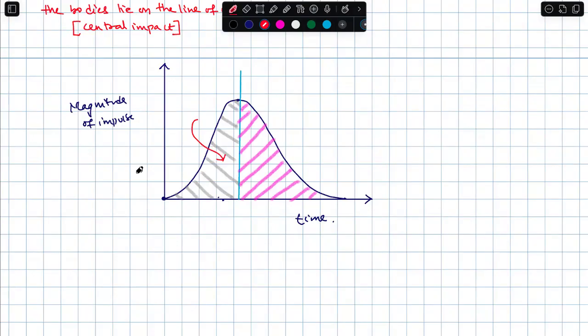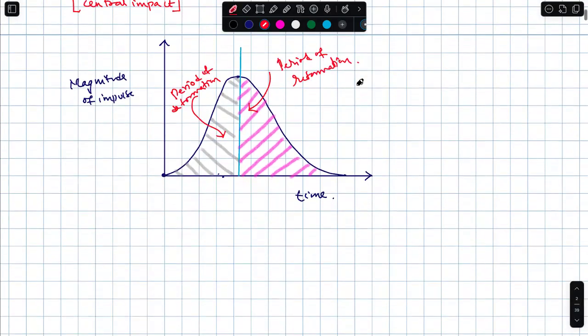I can say that this is the period of deformation. And during this period, you will call it the period of reformation. Remember, I have drawn impulse on one of the blocks, so it makes no difference.